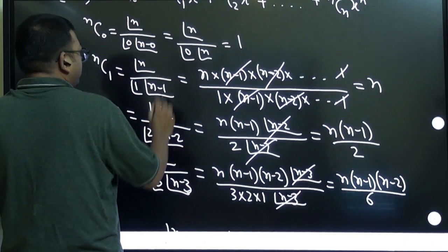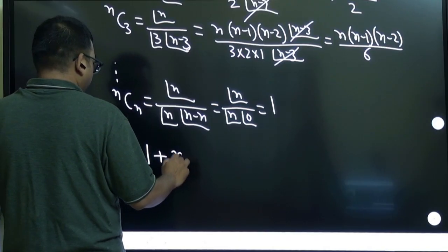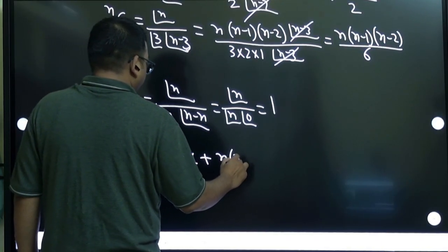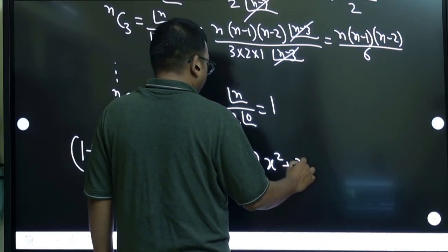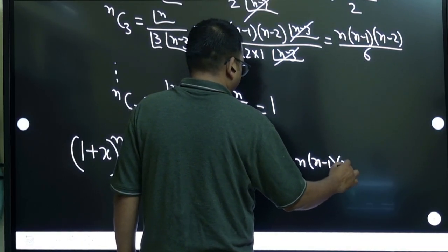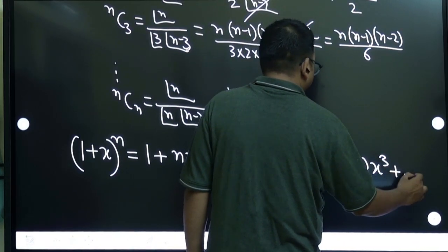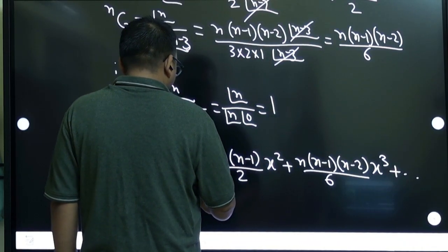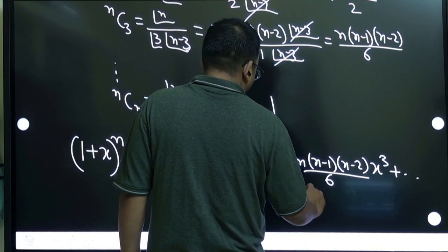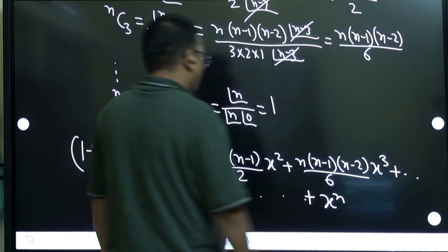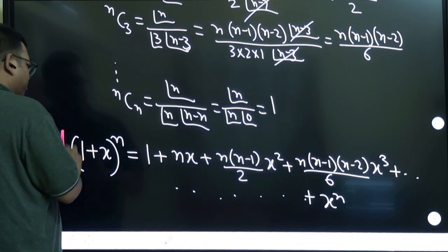Then nx, like that. So the first term is 1 plus nx plus n into n minus 1 by 2 times x square plus n into n minus 1 into n minus 2 by 6 x cube, like that it will continue. The last is plus x power n.